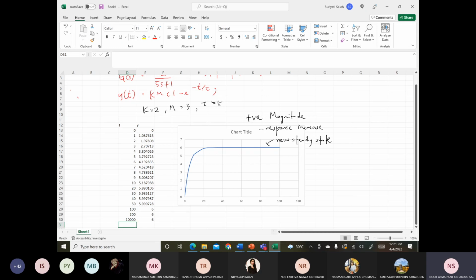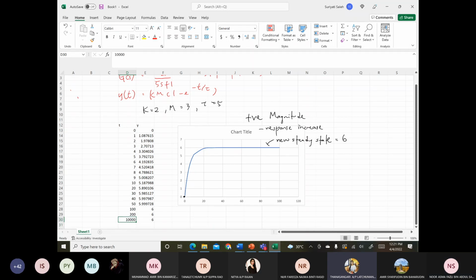So this is what we call the new steady state value. The initial value will be 0 and the new steady state value is equal to 6. And this is the characteristic of the first order. When you have a positive magnitude, the response will steadily increase and reach the new steady state value.